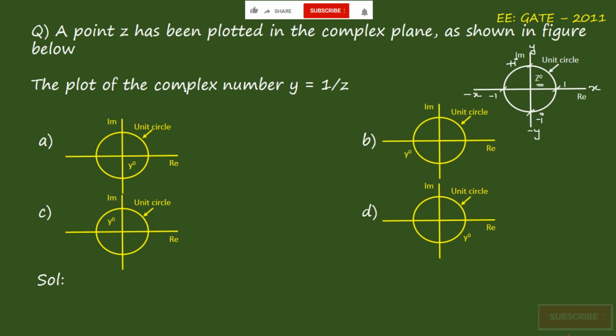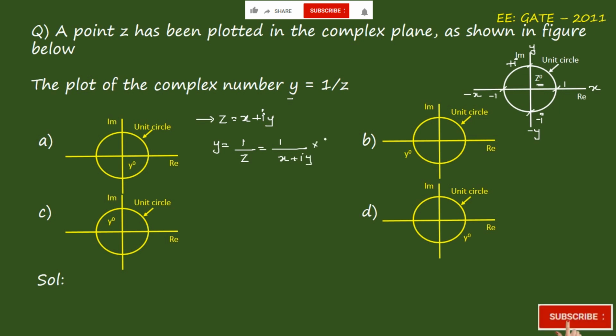Now they are asking for the plot of the complex function y = 1 by z. You have to find where the graph would come for y0. Consider z = x + iy. Then y = 1 by z, which is 1 by (x + iy).